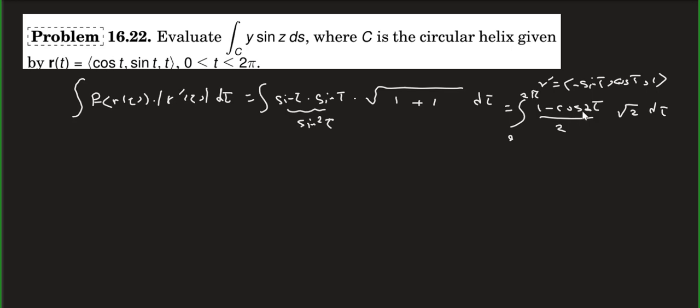So here we can compute it: 1 over 2 radical 2 times t minus the integral of cosine, which is sine 2t, so this will appear in the denominator. So we will have minus 1 over 4 sine 2t. After replacing by this, we will get radical 2 pi, and here 0 will appear.